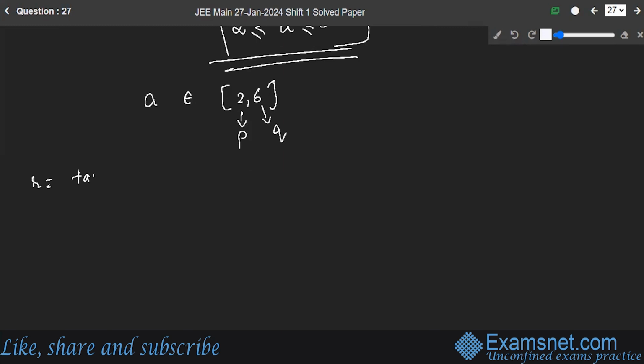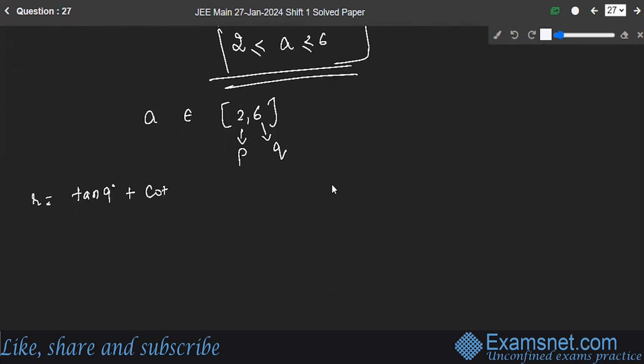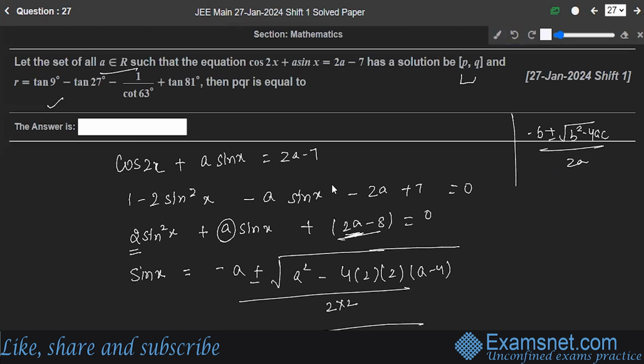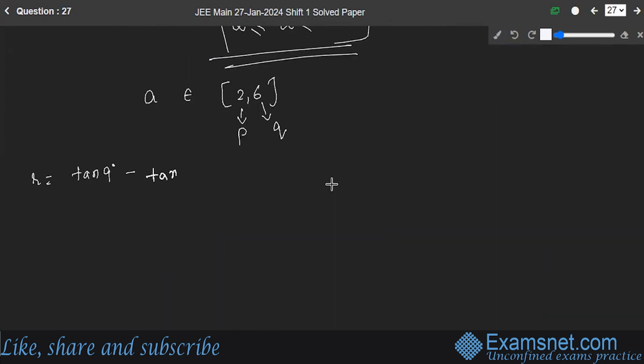R is equal to tangent of 9 plus cot of, what is it? Tangent of 9 minus tangent of 27 minus 1 upon cot 63 plus tangent of 81. This can be written tangent 9. I'll keep these two as such.